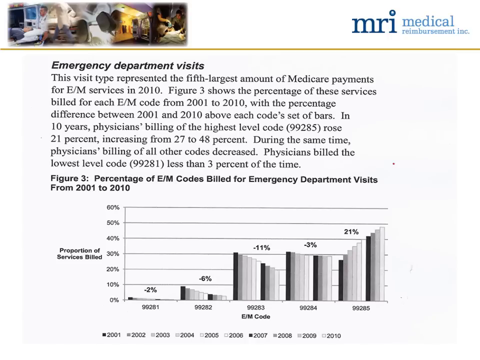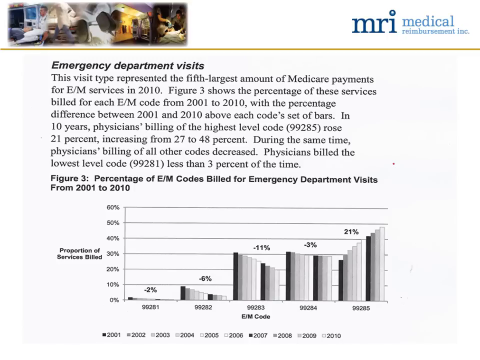This chart shows the emergency department visits. The visit type represented the 5th largest amount of Medicare payments for E&M services in 2010. Figure 3 shows the percentage of these services billed for each E&M code from 2001 to 2010, with the percentage difference between 2001 and 2010 above each code set of bars.